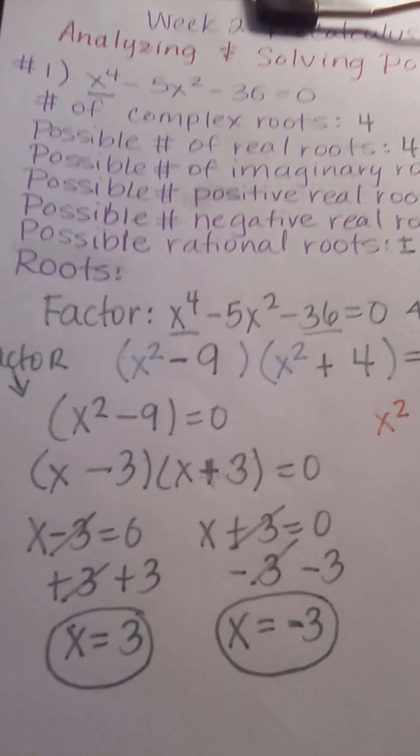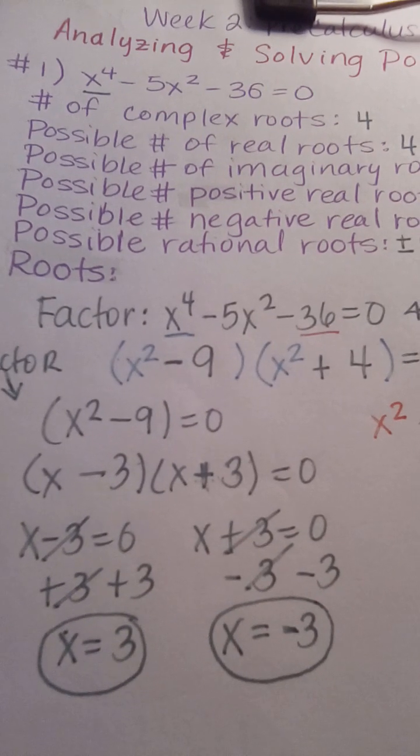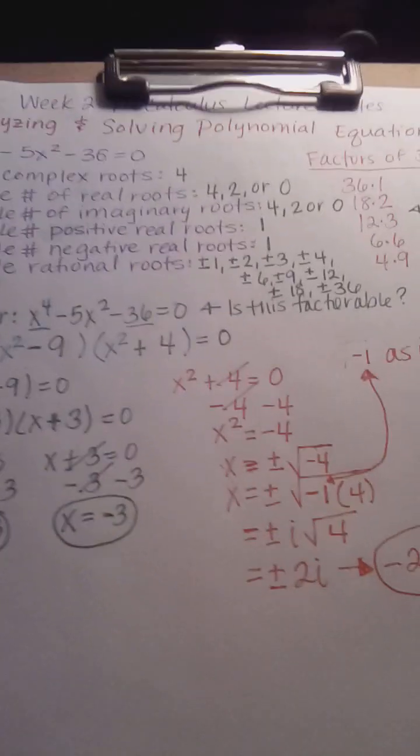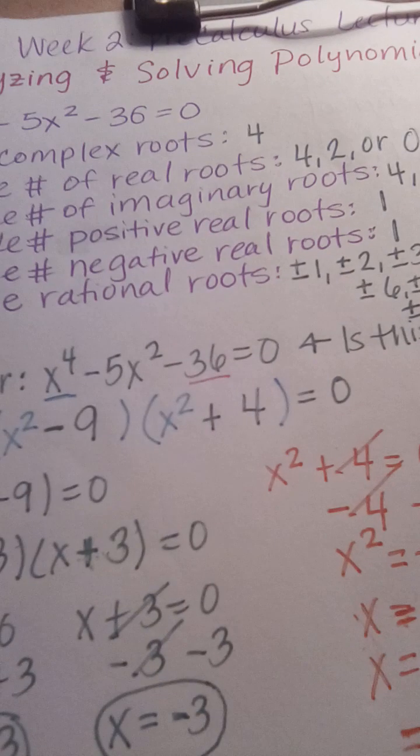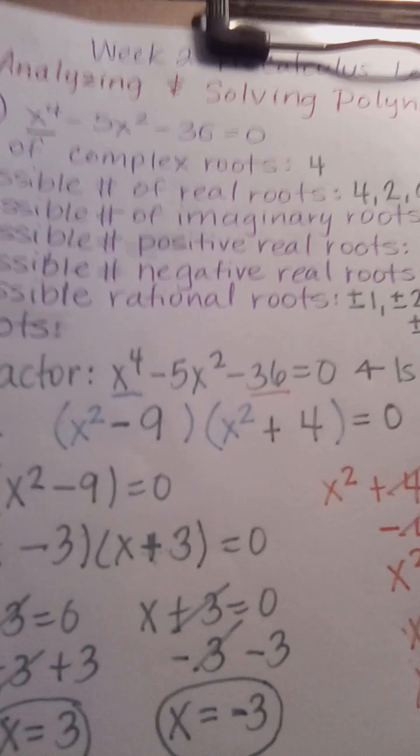Okay. Now we are going to do the roots. What are the roots? The ones that are circled here, right? Doesn't matter what goes first. Let's do the i's, positive. It doesn't matter to me.